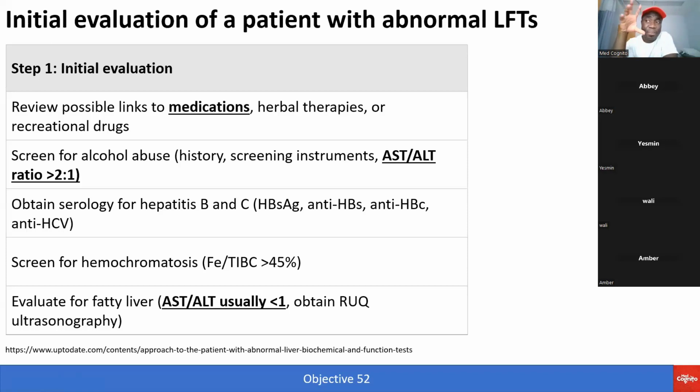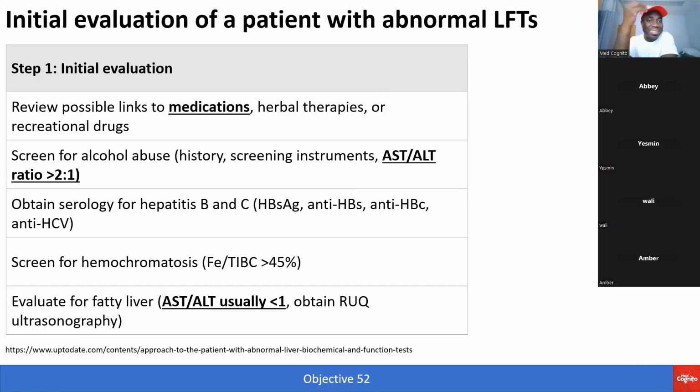So if a patient has abnormal liver function, there's a stepwise way you want to assess them. Because you remember that in the CDM at times, they will say, what historical features will you want to know? Okay, so when you're talking about historical features, beautiful. Dr. Tasman said AST to ALT should be less than 1 in fatty liver disease. Beautiful. We'll come to that.